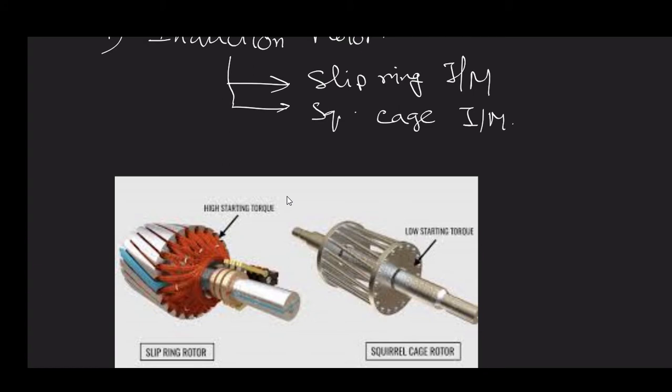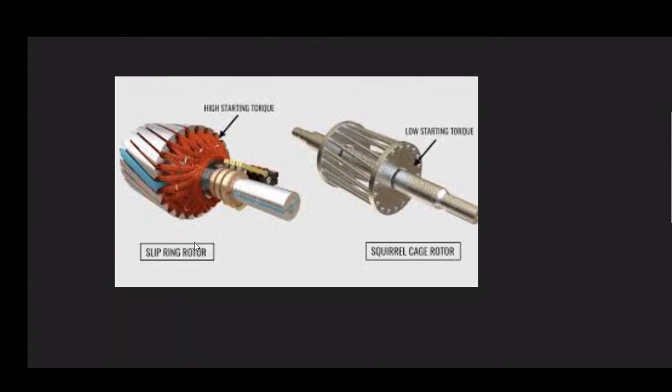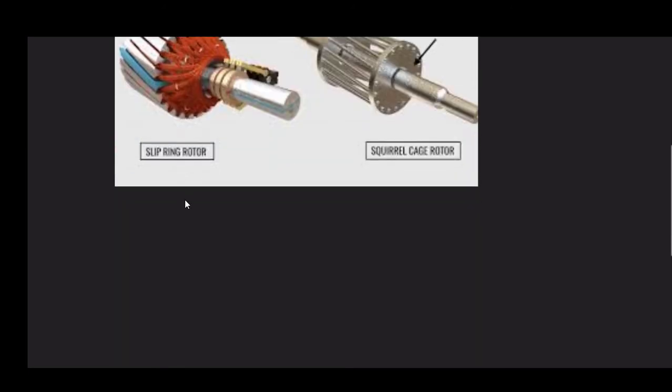Here you can see that one is slip ring rotor, another one is squirrel cage rotor. In the squirrel cage rotor, these are the rotor bars and they are solidly shorted by an end ring, and this one is the slip ring rotor. That is the fundamental difference between slip ring and squirrel cage. If you ask me to draw, I can show you. Let me draw the squirrel cage first.